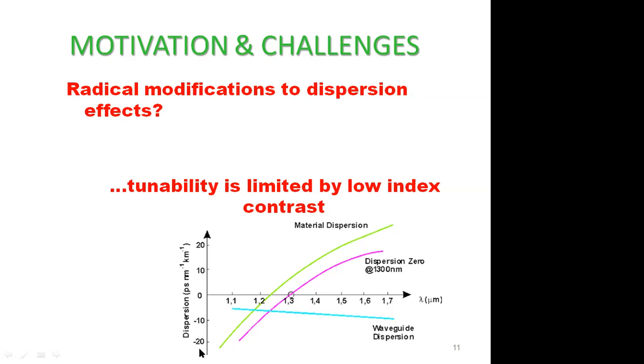When we say waveguide, it is core and cladding, right? So combining this, we known as a dispersion, and at 1.3 micron or 1300 nanometer, we have a zero dispersion. Followed this? Combinedly, material dispersion plus waveguide dispersion will give you dispersion, and that gives zero dispersion at 1300 nanometer.